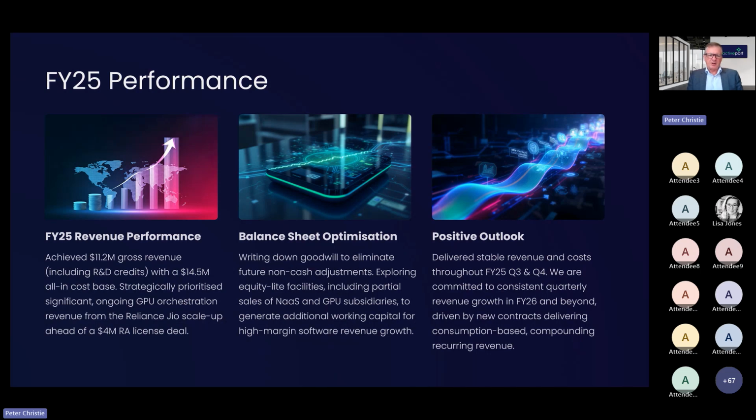But balance sheet optimization in FY25 has been a significant focus for us so that we're in a healthy position going into our FY26 year. And we have a very positive outlook across Q3 and Q4. We had stable revenue and costs with revenue up a little. Our objective is to generate recurring quarterly increases in revenue.